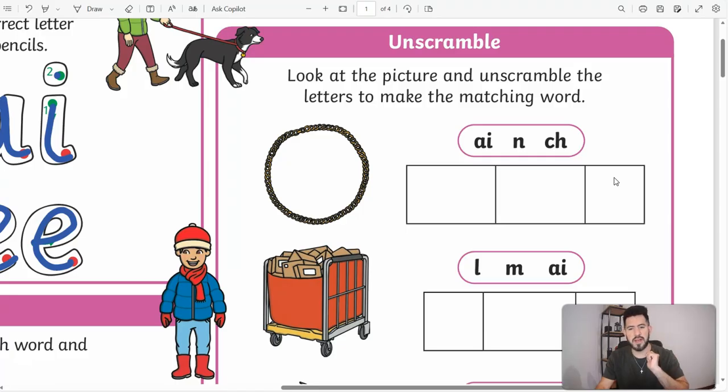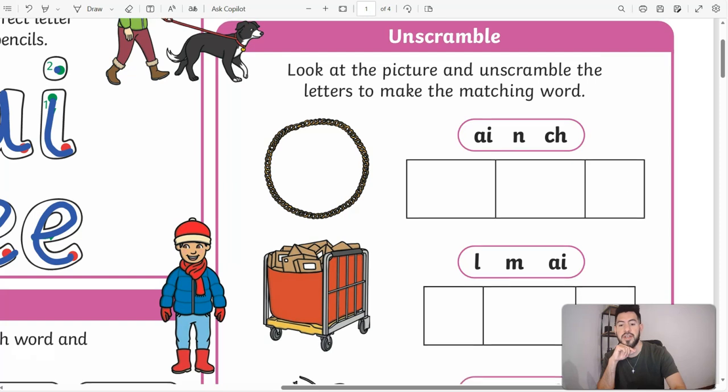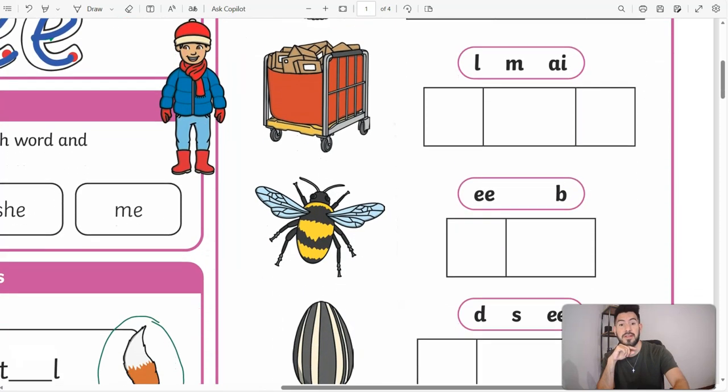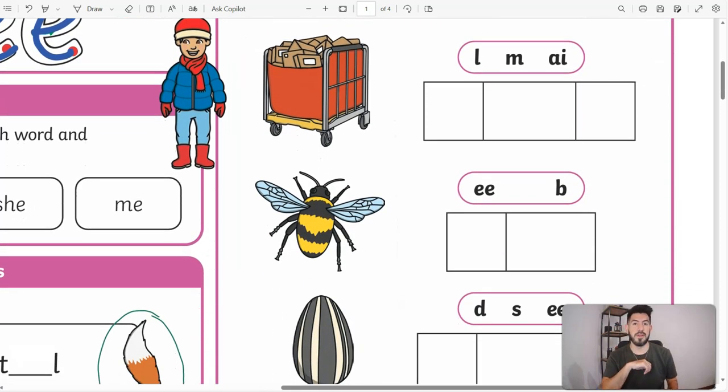The first one, I will help you with some silent dictation maybe. The first one is a chain. So we have ch, a, n, chain. After that you have the male, male.